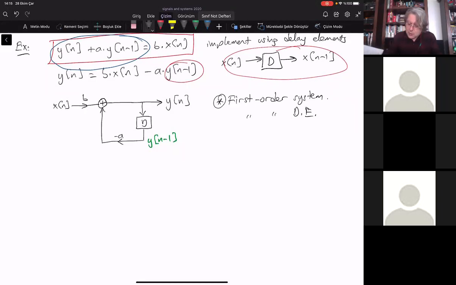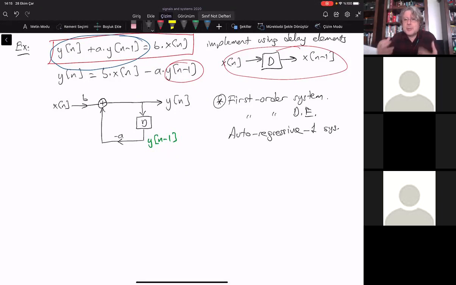Okay, this thing is also known as autoregressive one systems. The autoregressive, in English terminology, would correspond to regression or regeneration of the output.